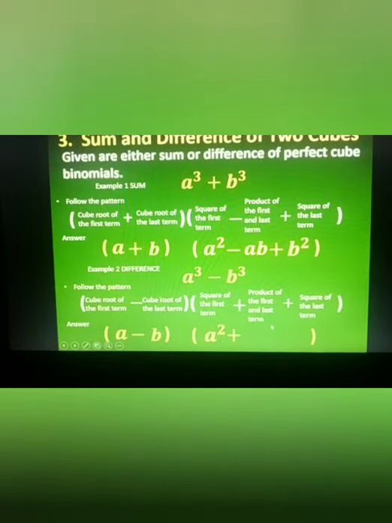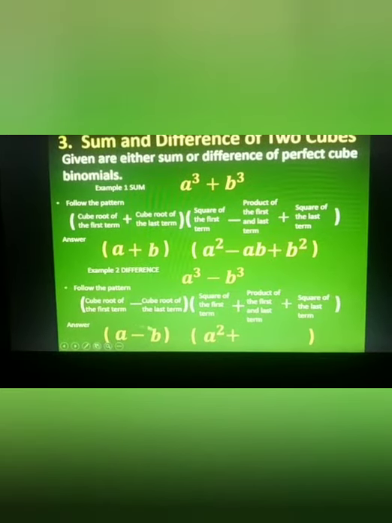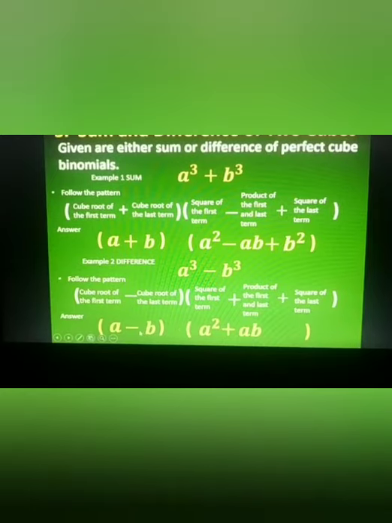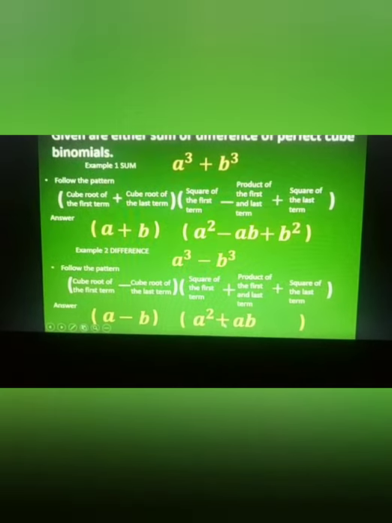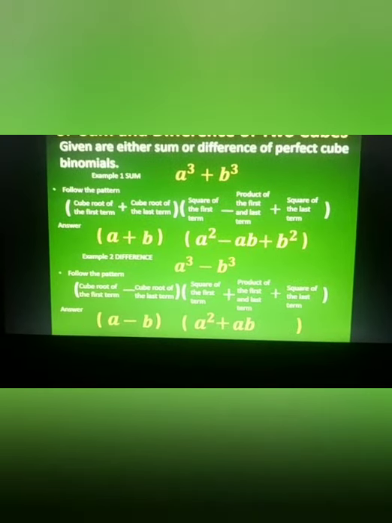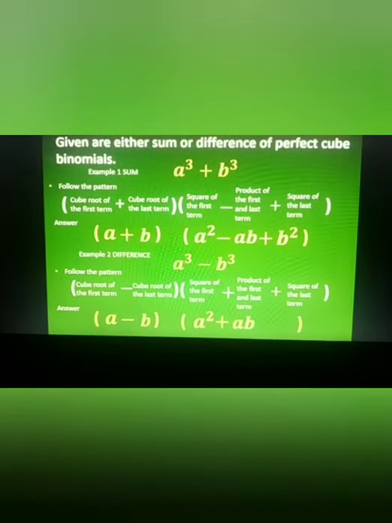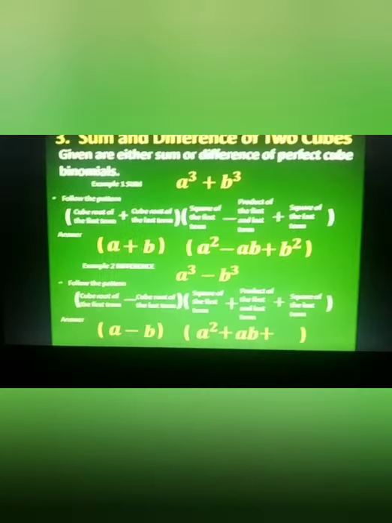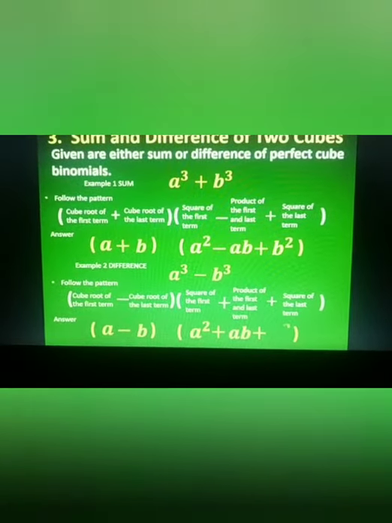Product of the first and the last term. Multiply the two. A times b. The answer is ab. Remember, it's minus here but you use plus, since you follow the pattern. Even if you check now, the answer will be the same and is correct. Copy plus. Square the last term. B times b. The answer is b squared.